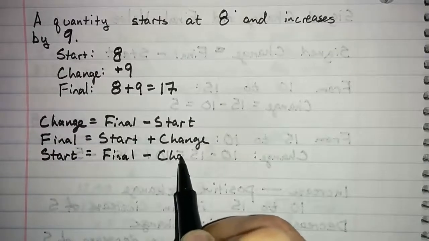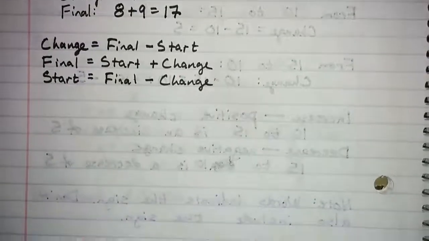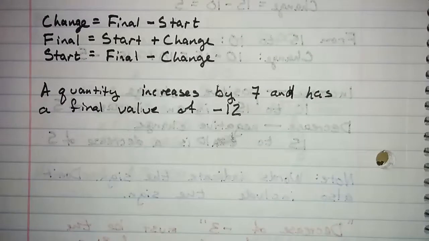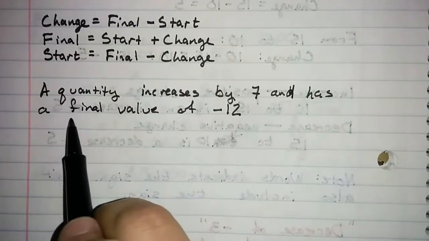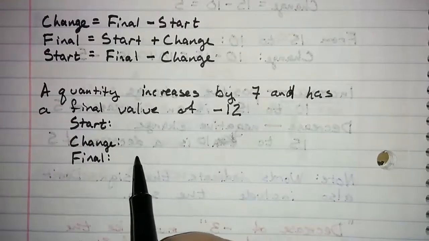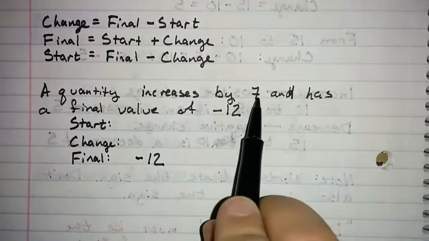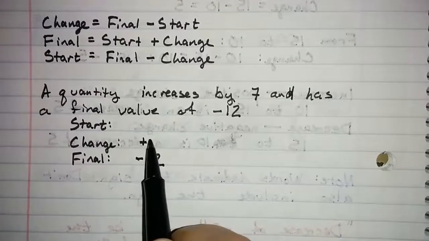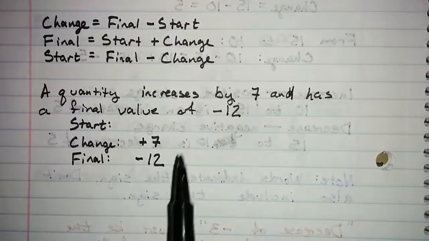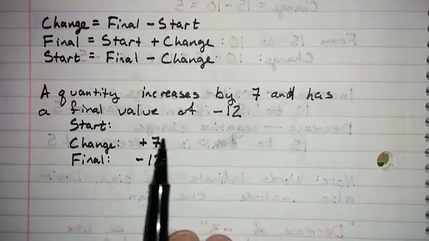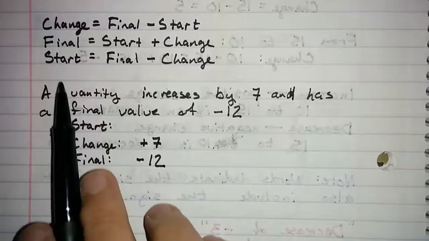minus the change. So if I tell you a quantity increases by 7 and has a final value of negative 12, well, the final value is negative 12, and the change was positive 7. Right? Increases by 7, so change is positive 7.